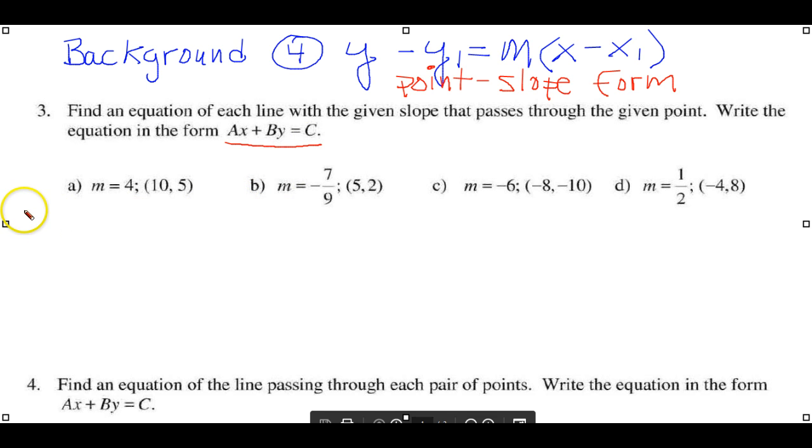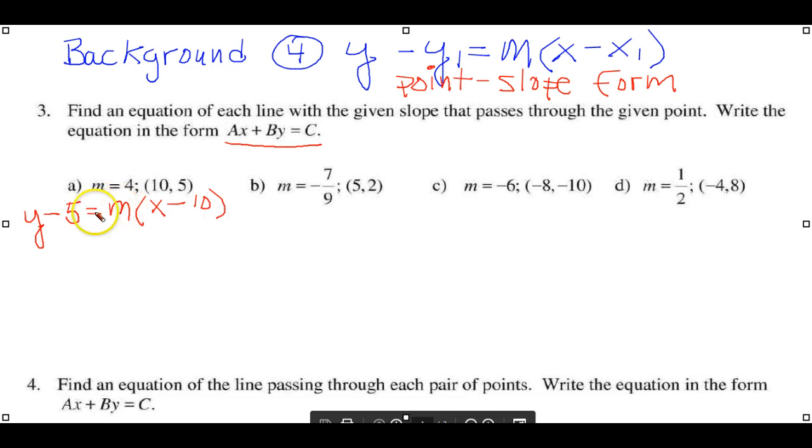So over here we have y minus, now this is our y value, 5, equals our slope times x, right here, minus our x sub 1.